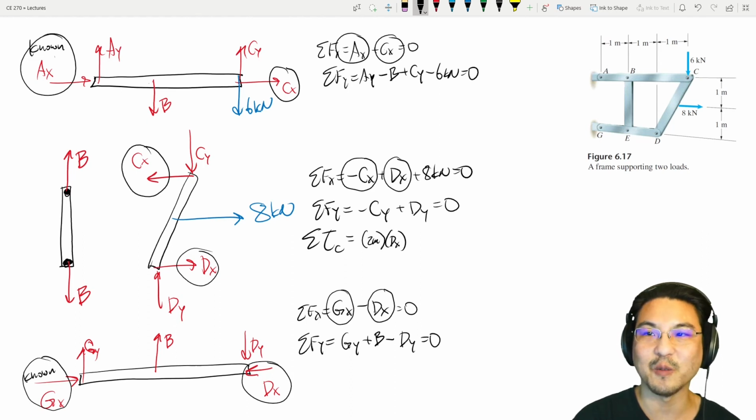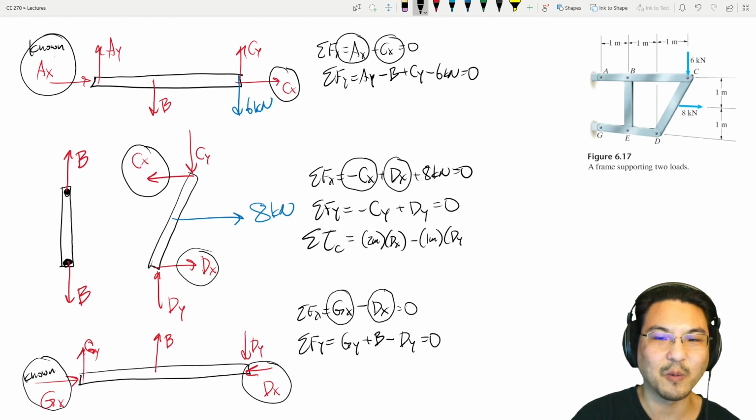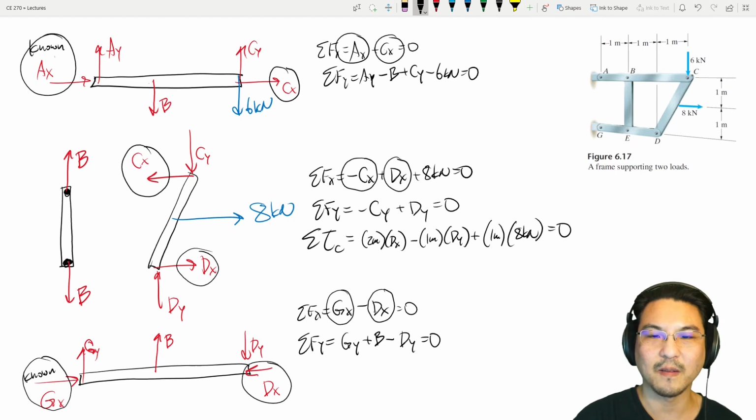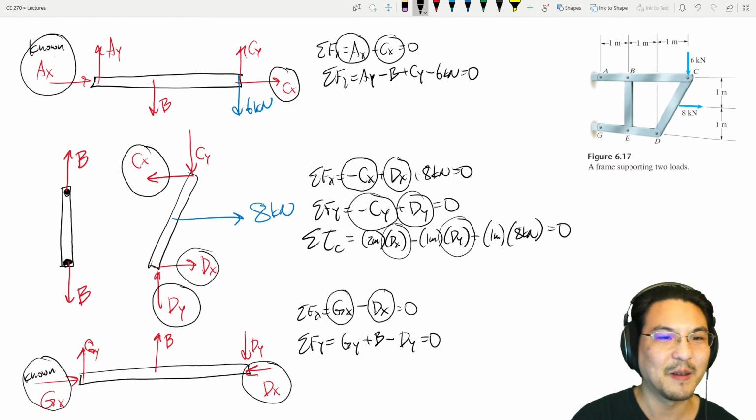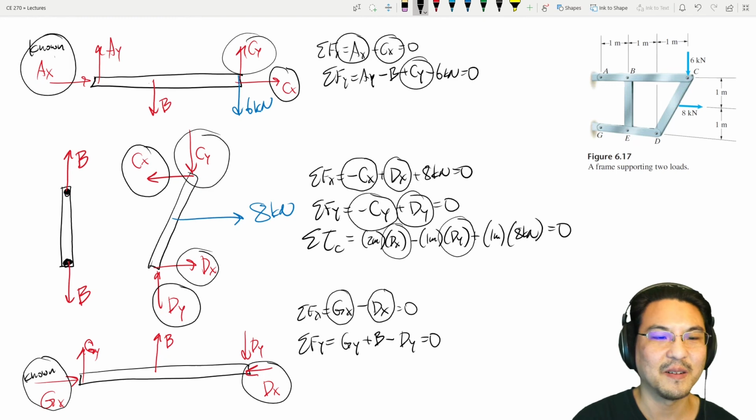And there's going to be torque by dy, which is in the negative z, so negative 1 meter dy. And then there's torque by the 8 kilonewton load, which will be in the positive z direction, 1 meter, 8 kilonewtons. Okay, and then we already knew dx, which means we can solve this equation for dy, which means we'll know dy, right? And then plug that in here and solve for cy here. So now we know cy here.